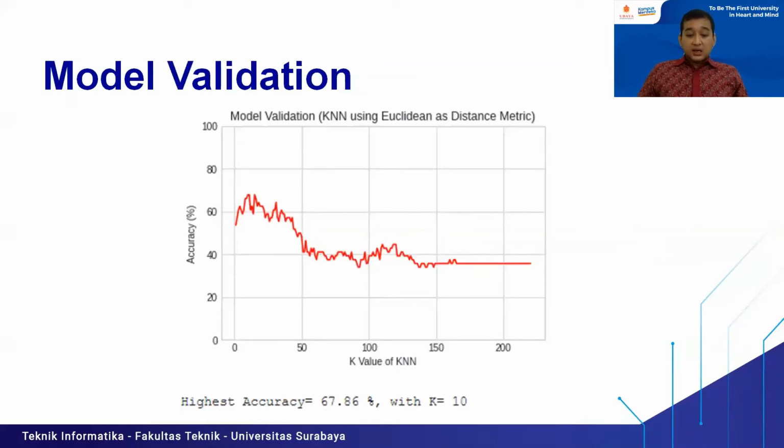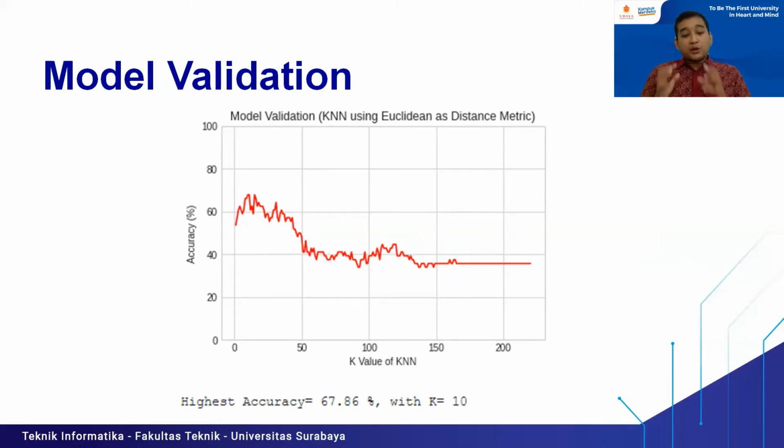Okay, next, this is about model validation. Model validation aims to get the best accuracy value from the classifier used in this research, in this case the KNN method. The value of K in the KNN method used in the system will be determined through this validation.